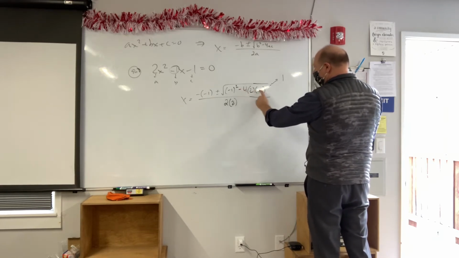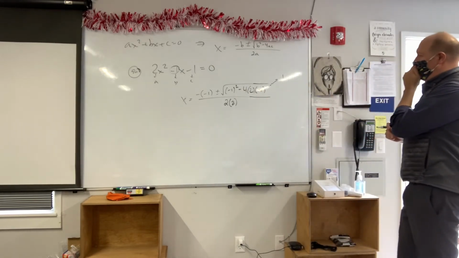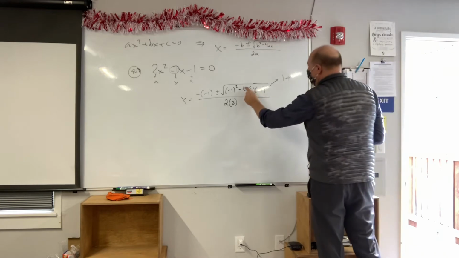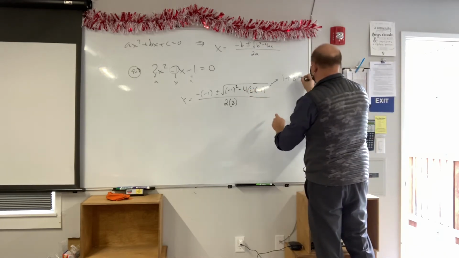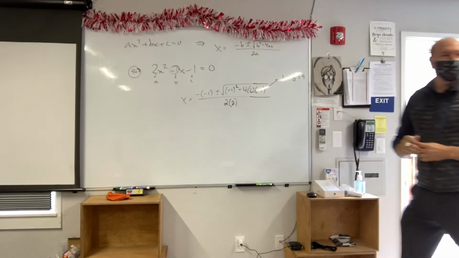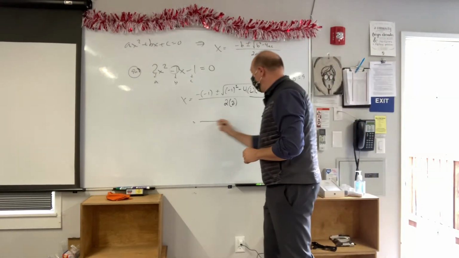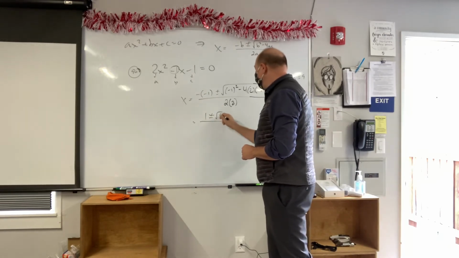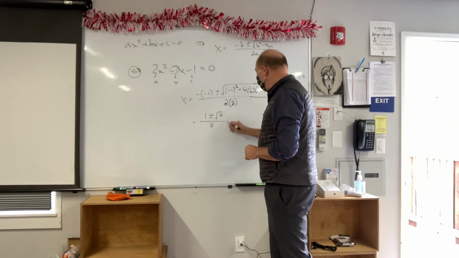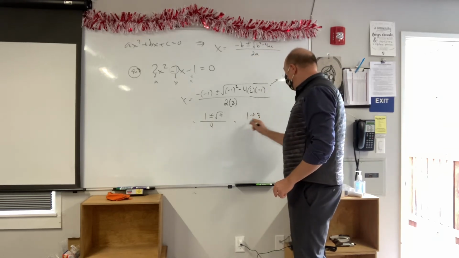So I have a negative here, and then it'll be positive. 4 times 2 is 8, times 1 is 8 still, and then voila, I get a 9 off to the side. Are we good? So I've solved that completely without having to do a lot of work and rewriting things. That's 1, plus or minus the square root of 9, over 4. And 9 is a perfect square, love it, that becomes a 3.